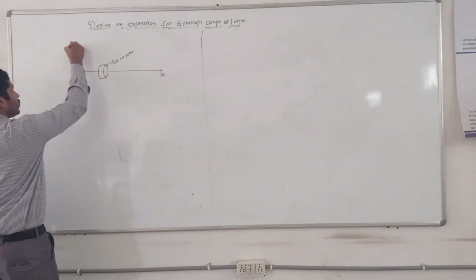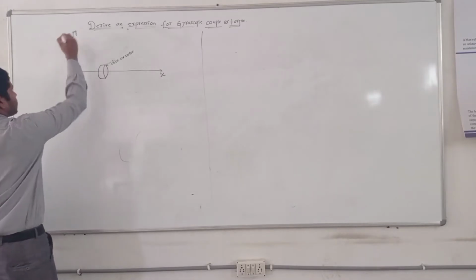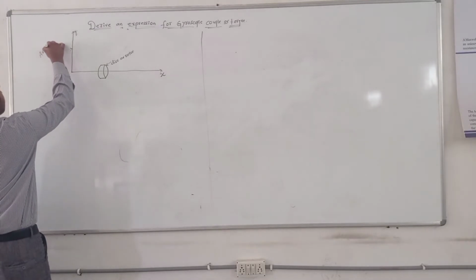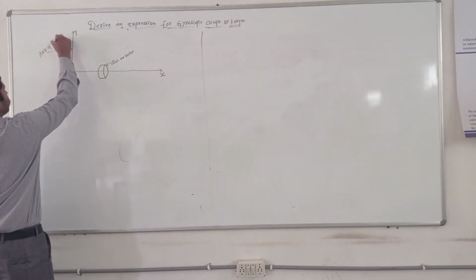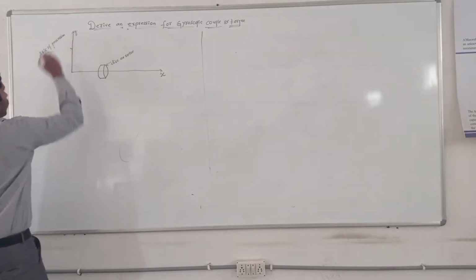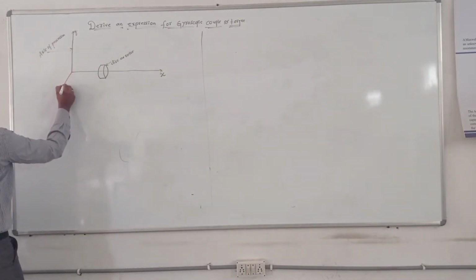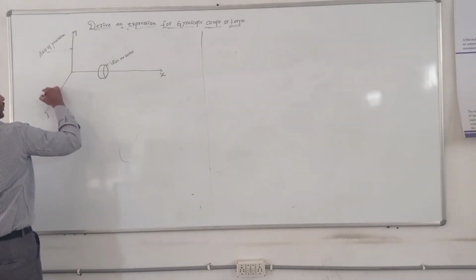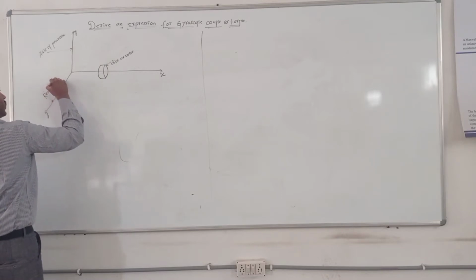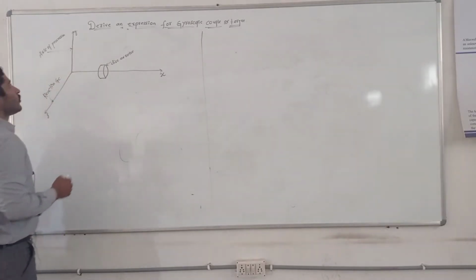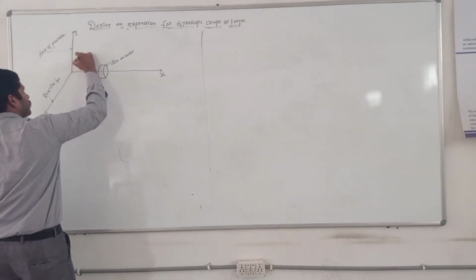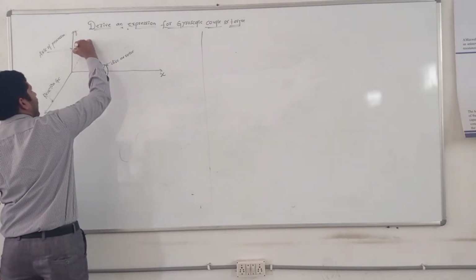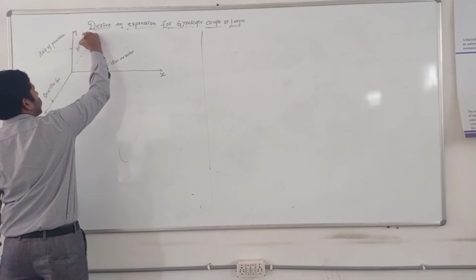The vertical direction, the Y axis, is represented as the axis of precession. And the Z axis represents the reactive gyroscopic couple, and this one is represented as the active gyroscopic couple.